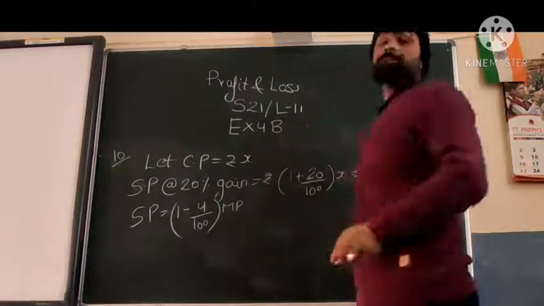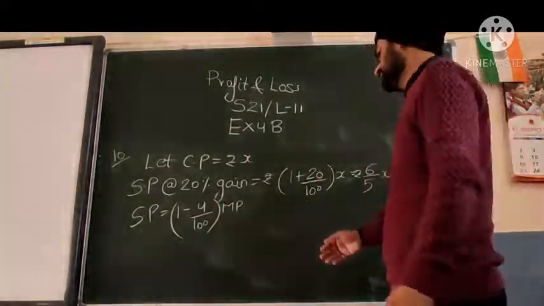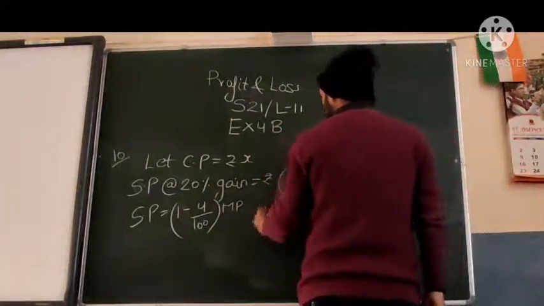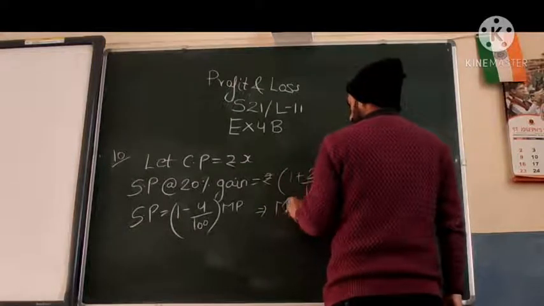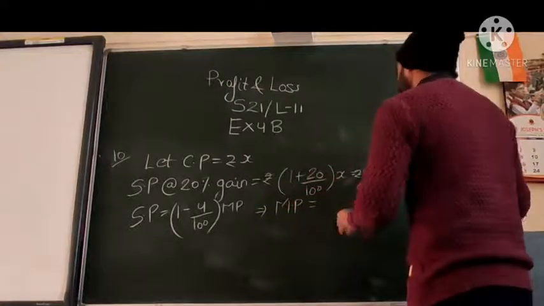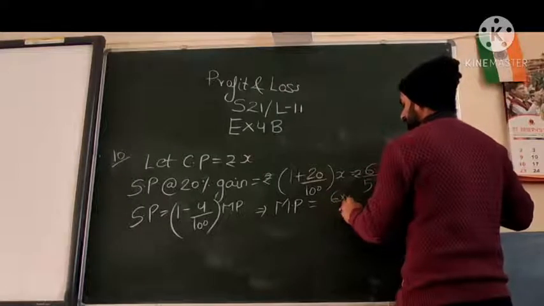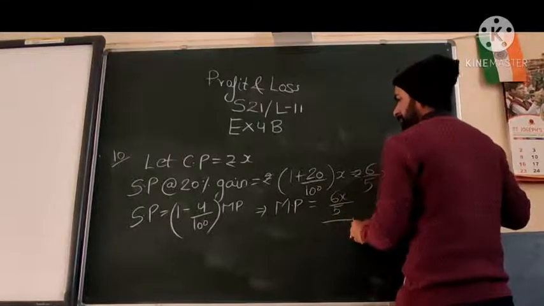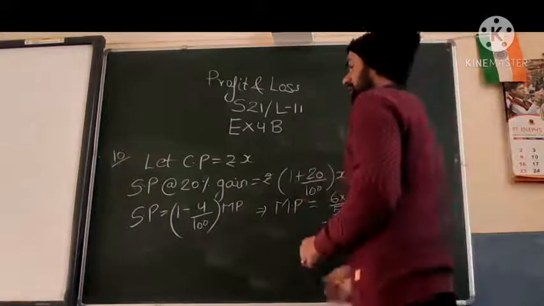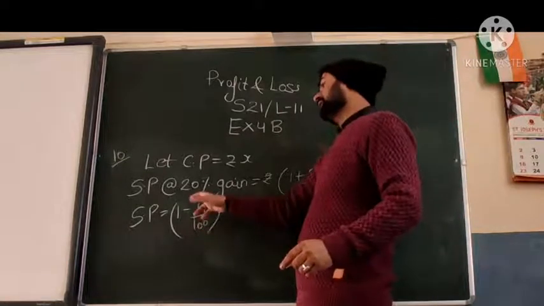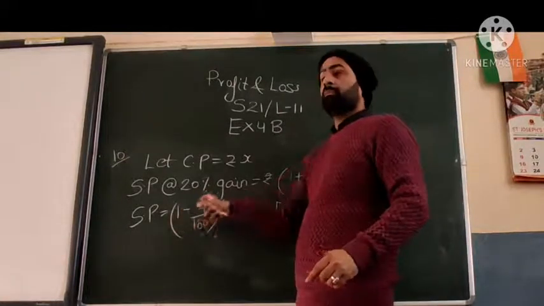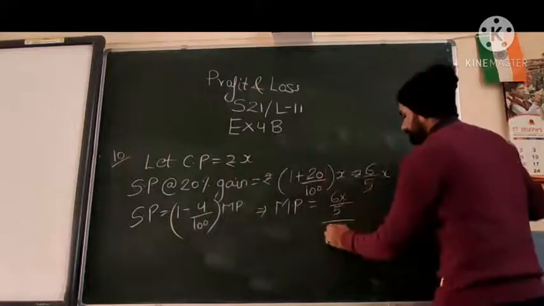Now SP we have calculated already. So how to calculate MP? MP will be equal to SP, that is 6x by 5, upon 1 minus 4 by 100. 4 by 100 is 1 by 25. 1 minus 1 by 25 is 24 by 25.